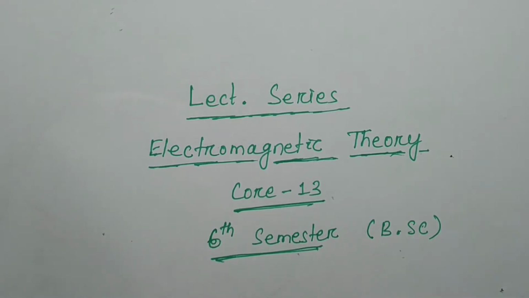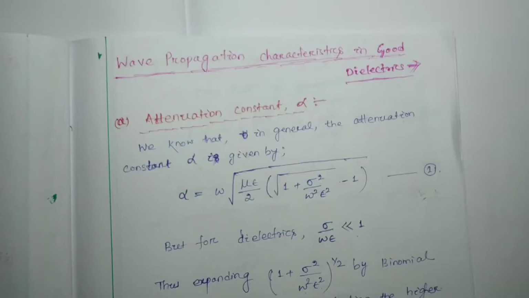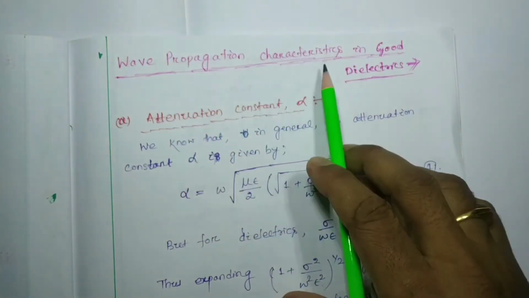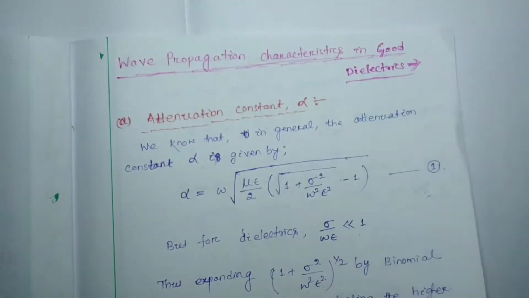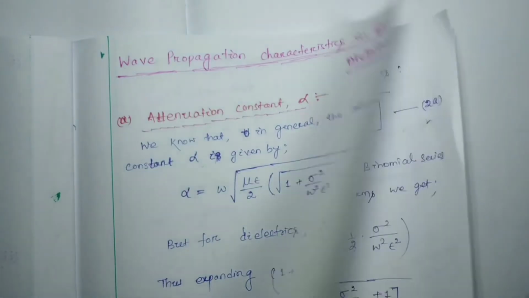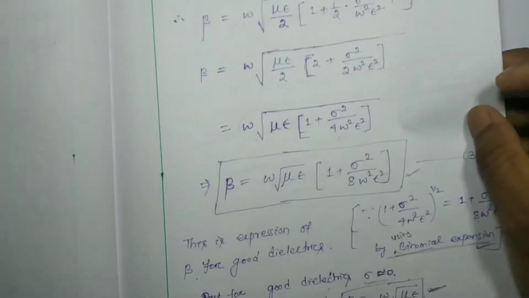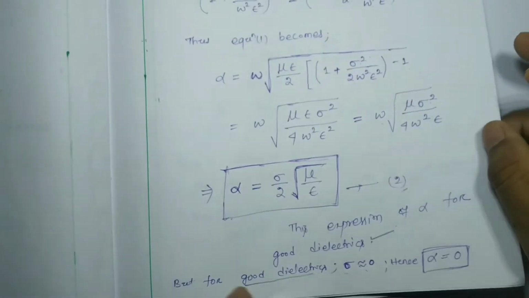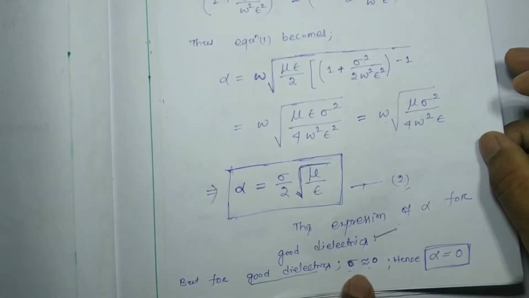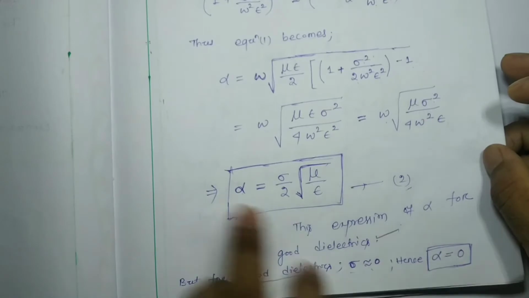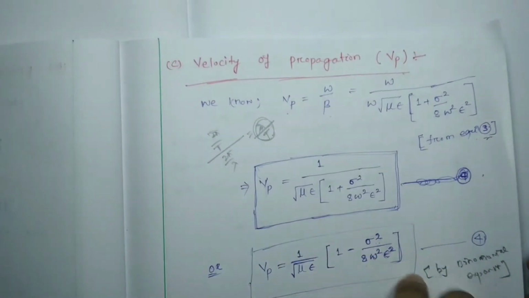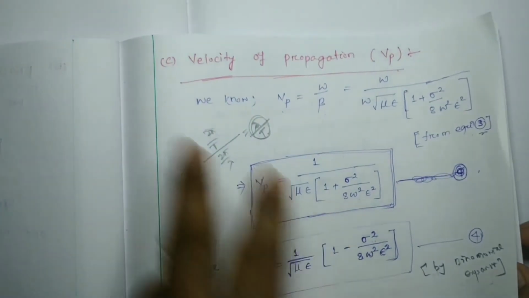In our last class we discussed wave propagation characteristics in good dielectrics. We found the attenuation constant alpha, and for ideal good dielectrics the conductivity will be 0, so alpha will be 0. We derived the phase shift constant beta and the velocity of propagation vp.